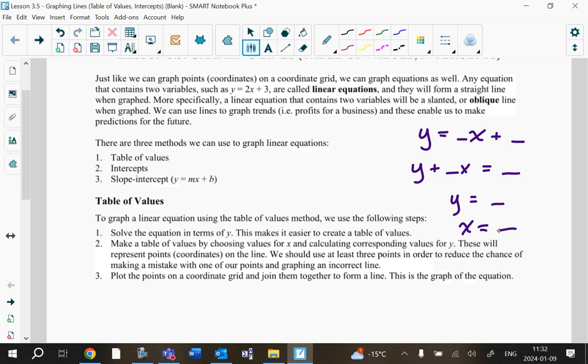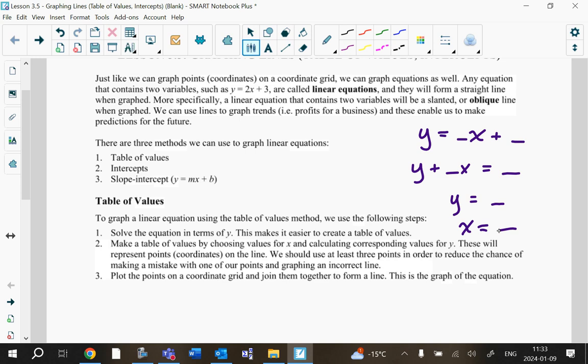Okay? But that's also a special type of line. Keep in mind, these dashes that I put here represent any number that could go there, positive or negative. So if it's got a y and x, it's a line when we graph it. If it's got just a y, it's a line. If it's got just an x, it's a line.